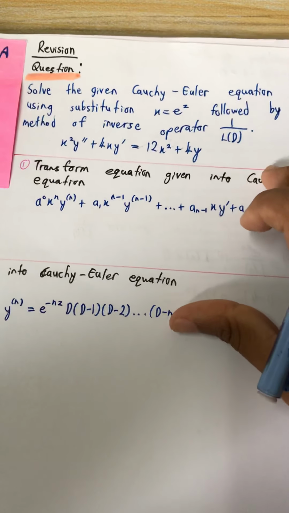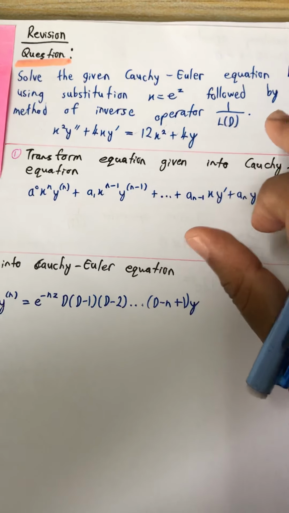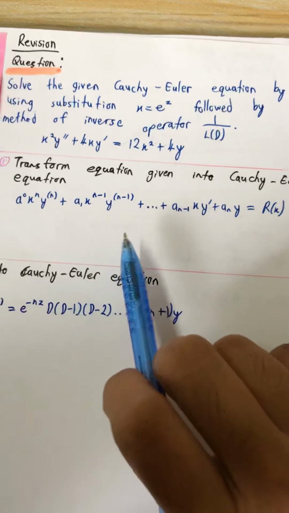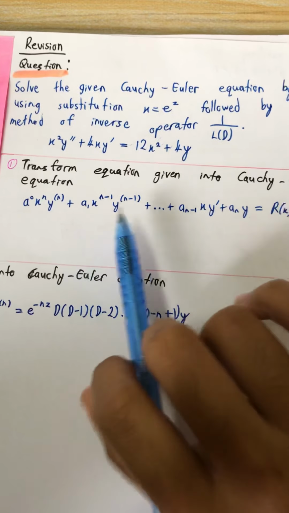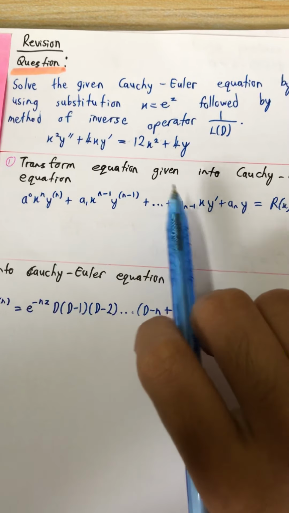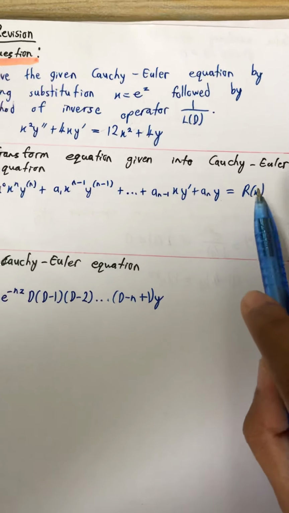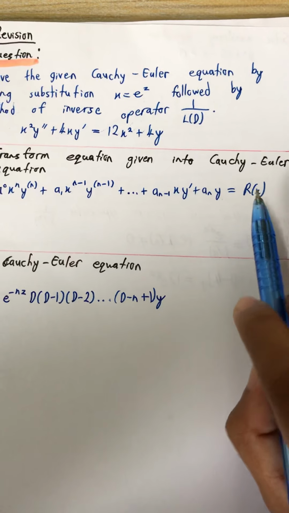So the first step is we need to transform the given equation into the Cauchy-Euler equation. The general form of the Cauchy-Euler equation is in this form, where a naught, a1, up to a n minus 1 are constants, and the right side is the function of x.